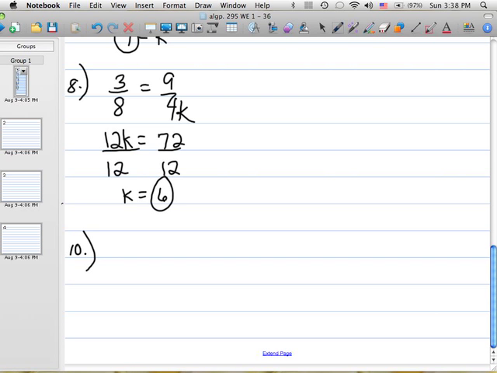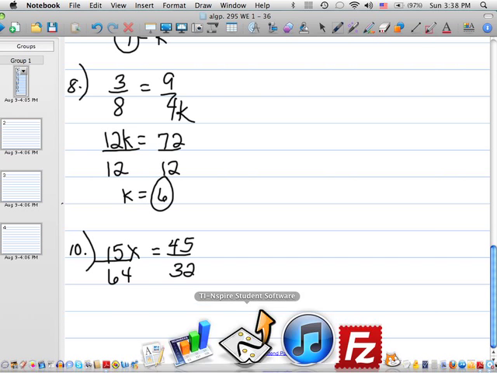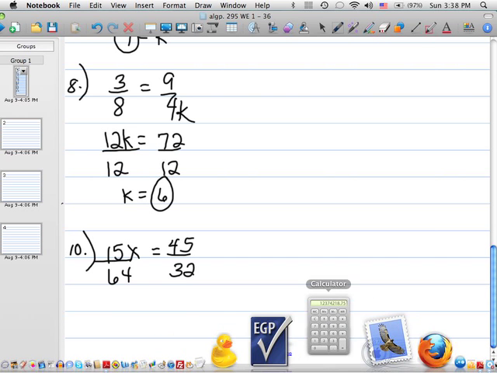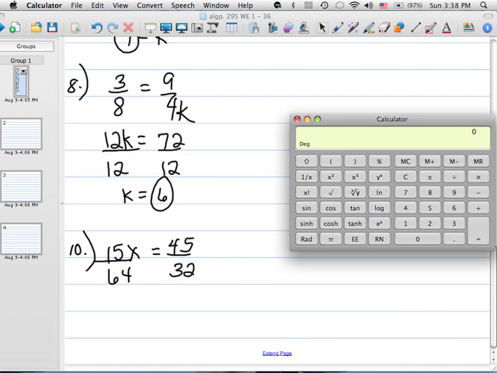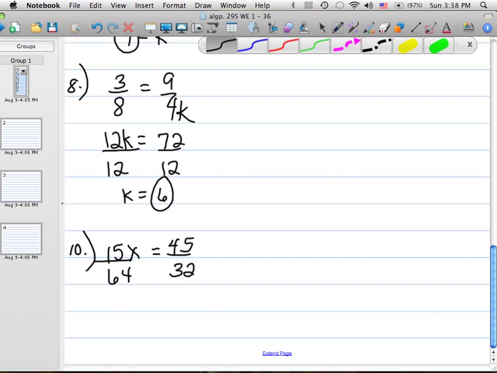Problem number 10, we have 15x over 64 equals 45 over 32. Cross products, we have 15x times 32, which is 480.